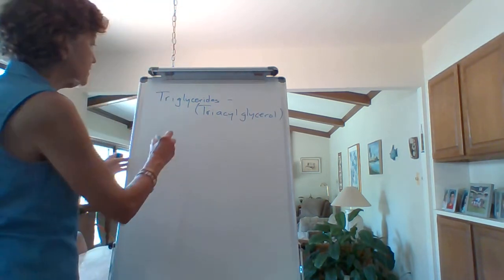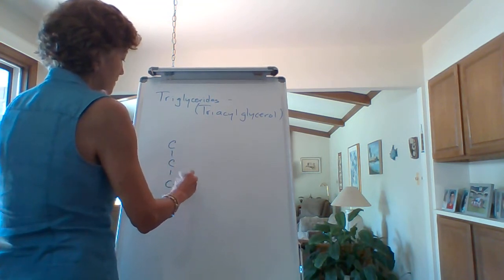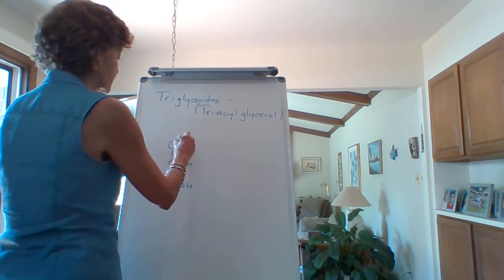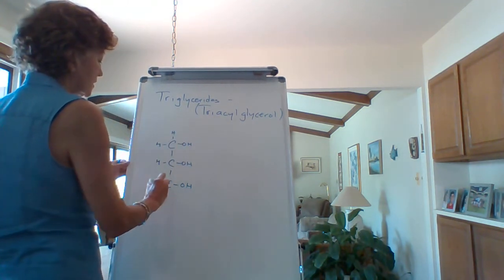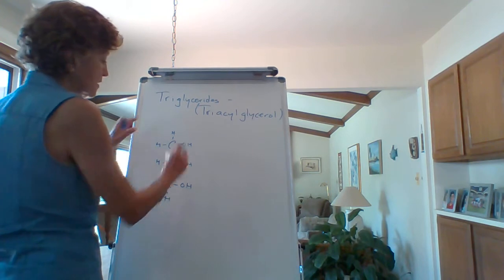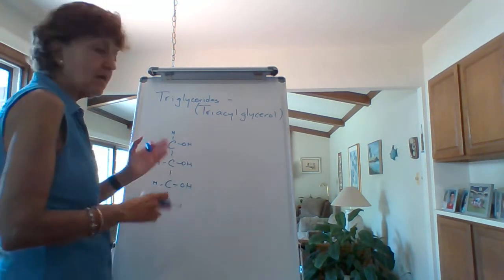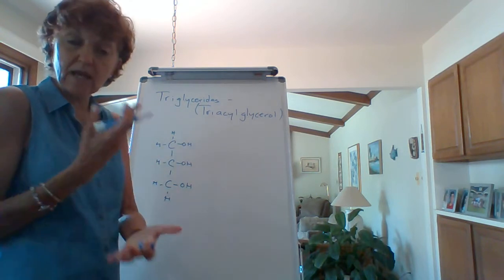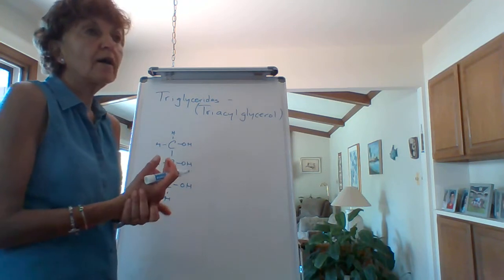So we're going to draw glycerol like this, just vertical like this. Remember back in the alcohol chapter, we had it horizontal. So this is glycerol. And then we're going to draw 3 fatty acids, and we're going to esterify, make an ester bond between the 3 fatty acids and glycerol.